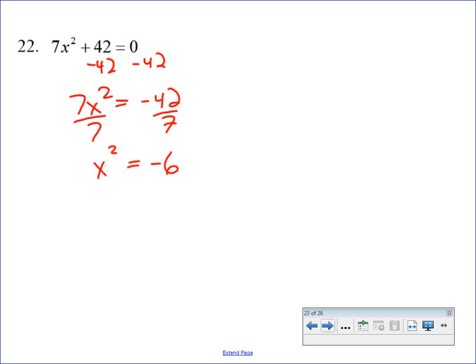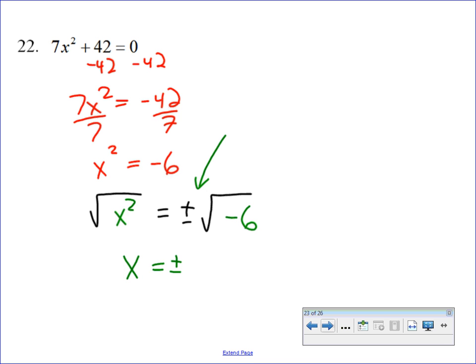In order to get rid of the x squared, I'm going to take the square root of both sides. But the key difference is, remember, when you take the square root of both sides, one side will become plus or minus. So this will become x, and over here I can pull the negative out and turn it into an i, and I'll get x equals plus or minus i times the square root of 6.